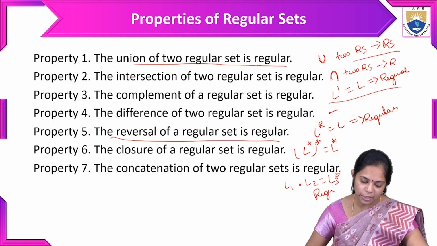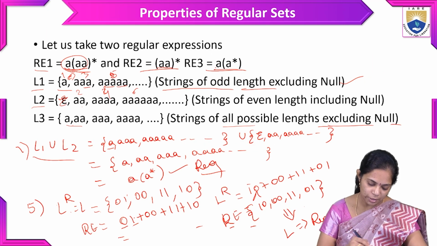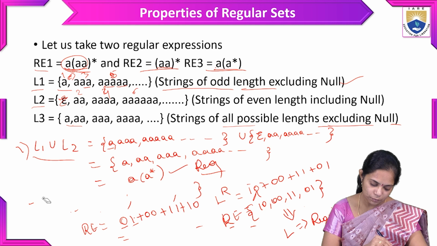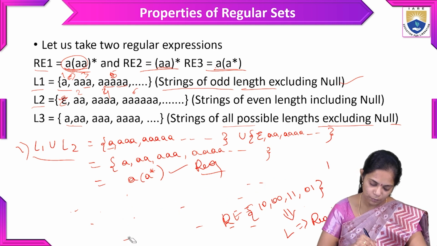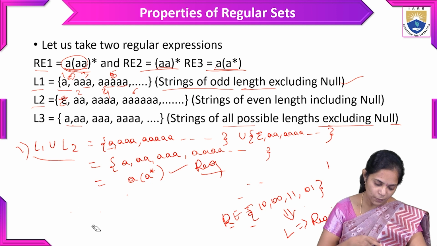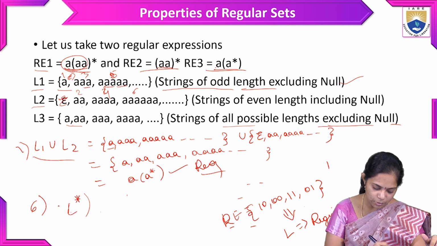And one more property: the closure of a regular set is regular. Here also, the closure of a regular set, so closure of the reverse set, closure of L star of star, we will get L star.